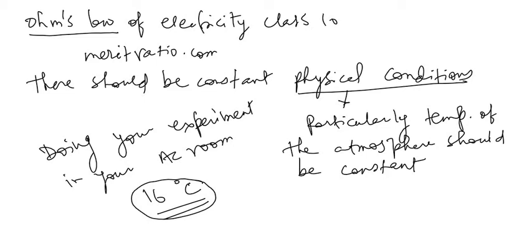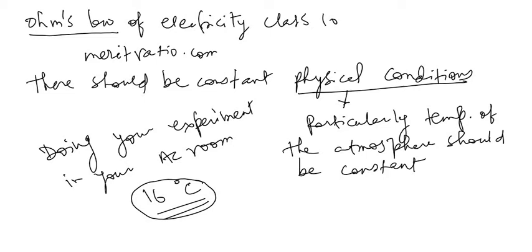Exactly the same thing will happen if this experiment is done at room temperature. Room temperature is normally taken as 25 degrees Celsius to 30 degrees Celsius. There should be no change of location whenever you are doing your experiment.